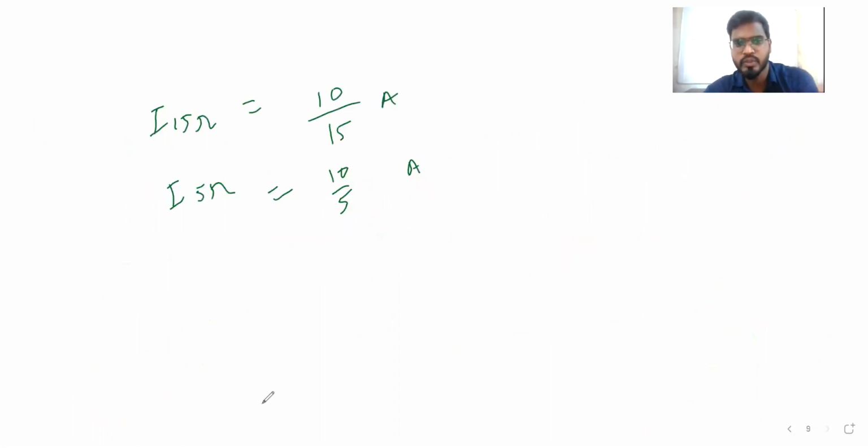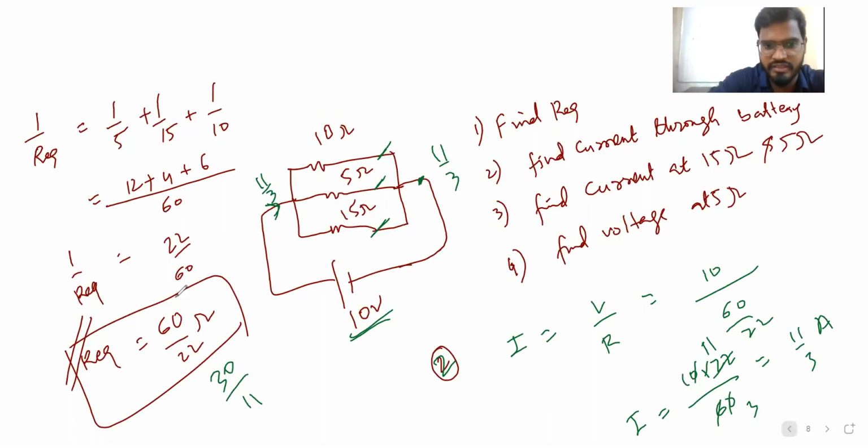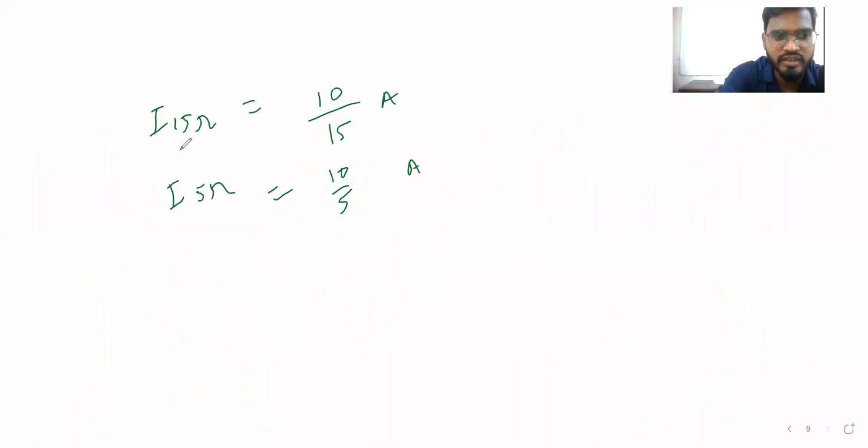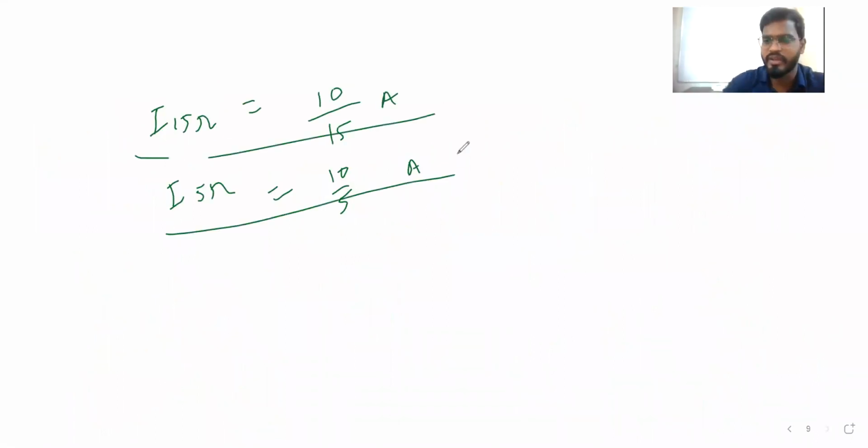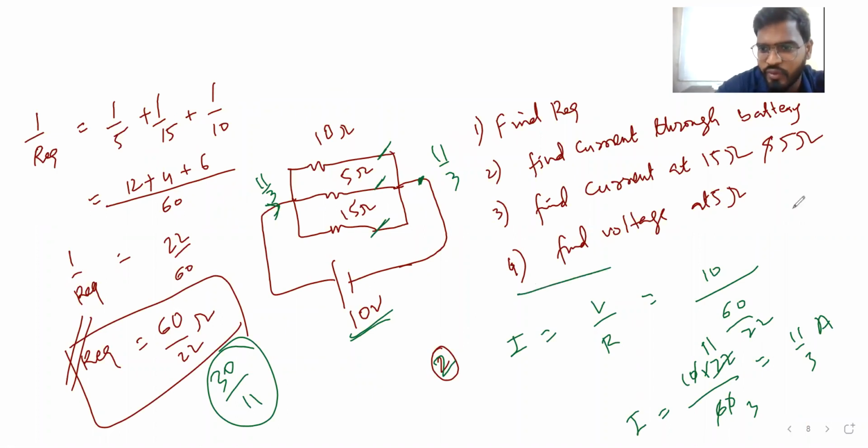So 30 by 11 is the equivalent total resistance, and 11 by 3 is the current here. Now you understood how we find the current directly from voltage, and you apply that to get the answer. Second, they're asking to find the voltage at 5 ohm.